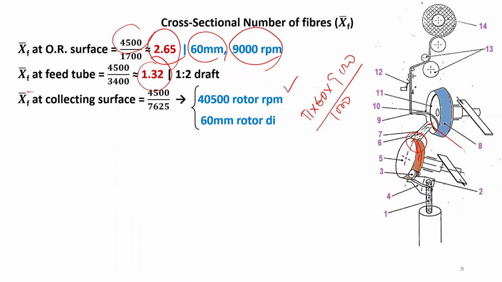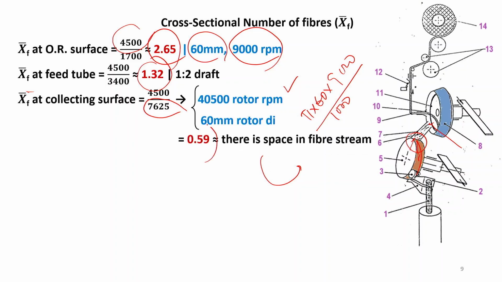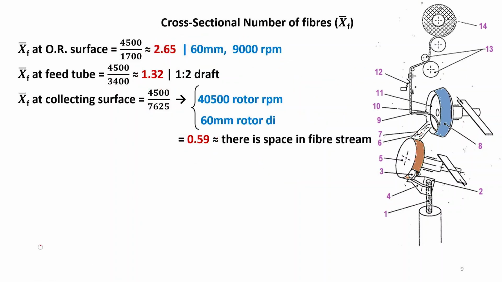So, that speed comes out to be 7,625 meter per minute, the surface speed of the rotor groove. So, it will typically be 0.59. So, 0.59 fibers are there in the cross section.